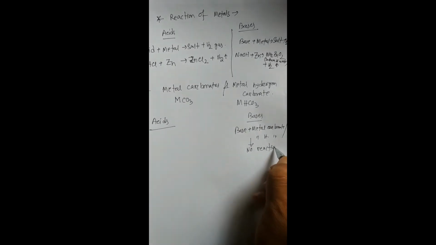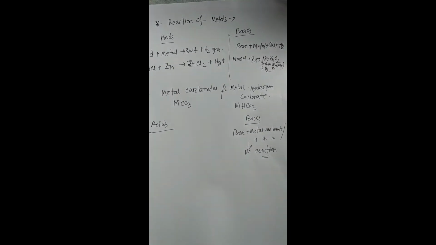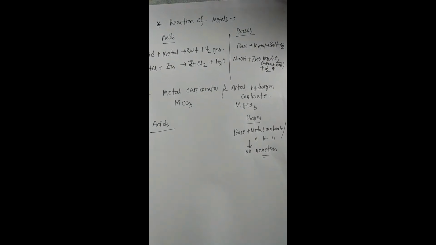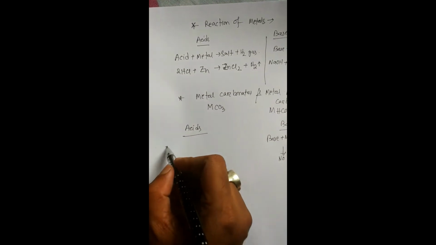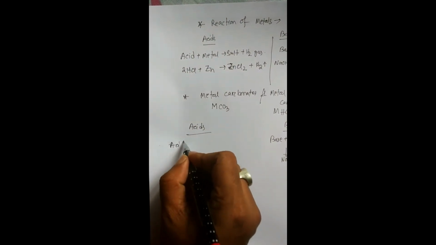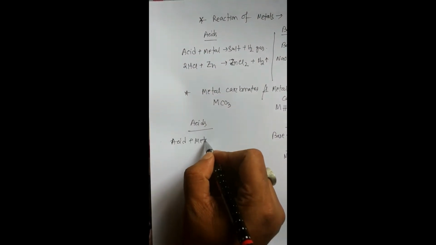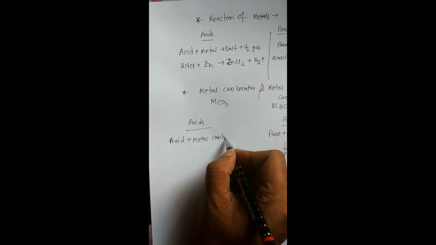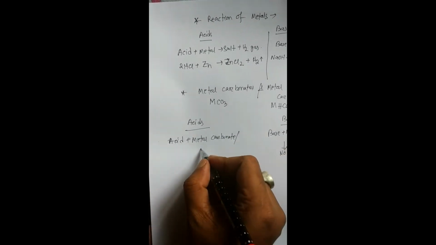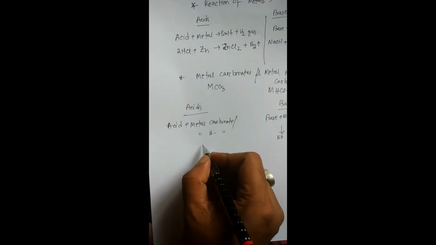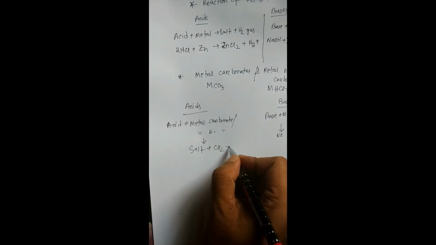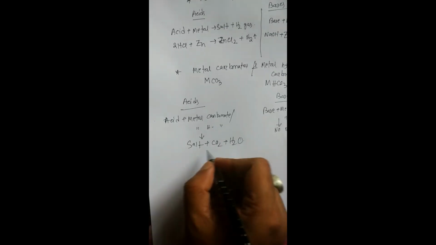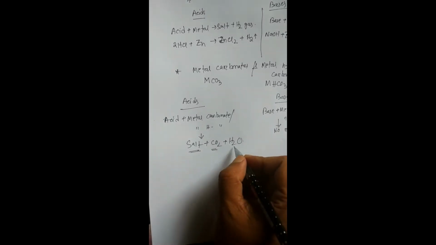But when an acid reacts with metal carbonate as well as metal hydrogen carbonate, that is metal bicarbonate, it will produce salt plus carbon dioxide and water.